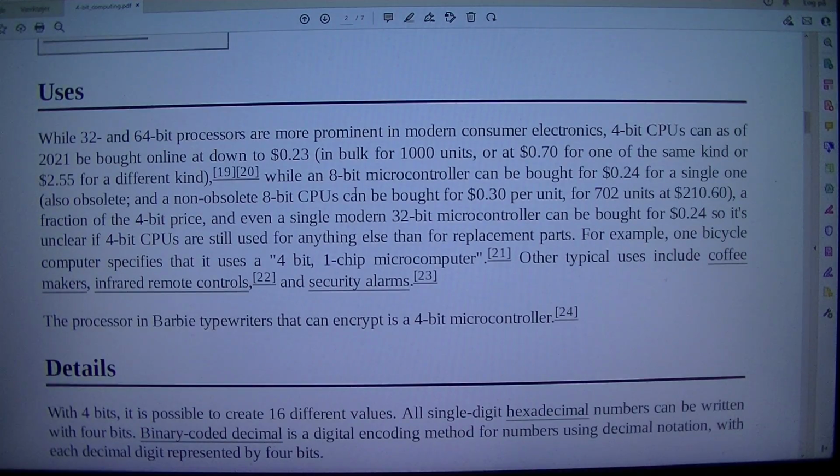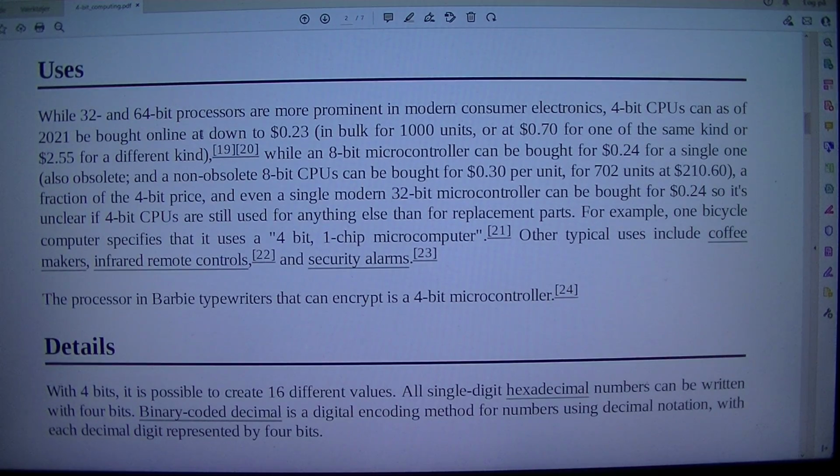Uses. While 32 and 64-bit processors are more prominent in modern consumer electronics, 4-bit CPUs can as of 2021 be bought online for as little as 23 cents, in bulk for 1,000 units, or at 70 cents for one of the same kind, or $2.55 for a different kind. 19, 20.